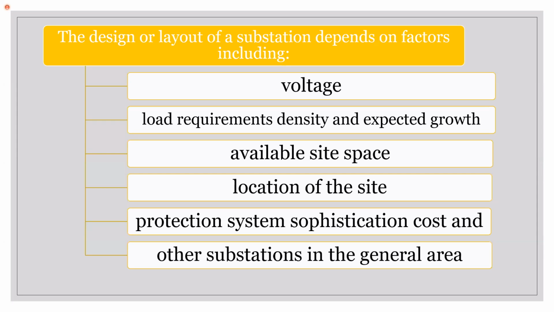Also, the protection system sophistication. And we'll talk about protection systems later on, and some general principles around protection. And so the protection system sophistication and cost. Because, as I said before, one of the primary objectives of your power system is to supply your customers and to provide them with a reliable supply.